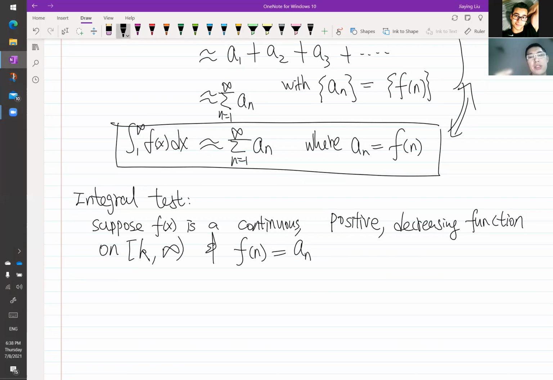So the y value is just equal to the value of the element in the sequence. Basically, that's what that says.